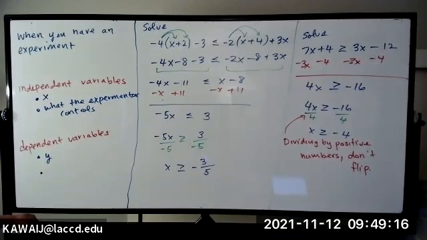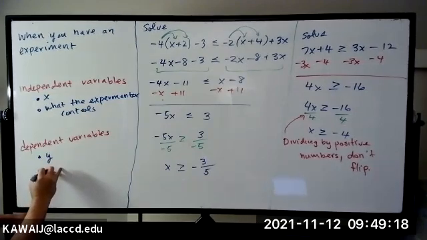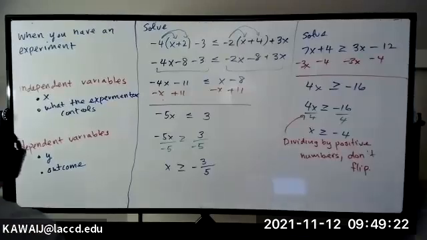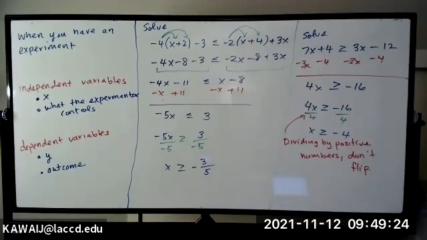The dependent variable is the outcome. If I'm giving patients different amounts of medication, the different amount of medication is what I control. It's the independent variable. And the outcome, how well or sick they become, that is the dependent variable.